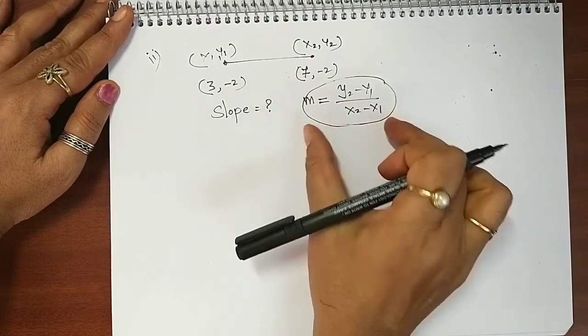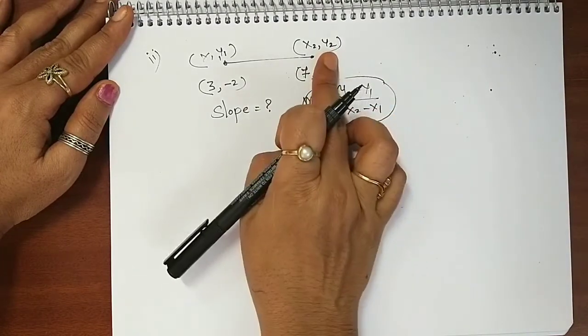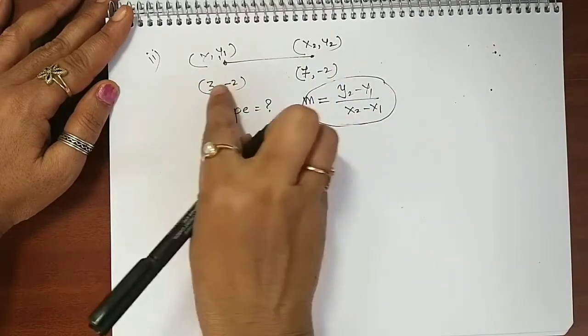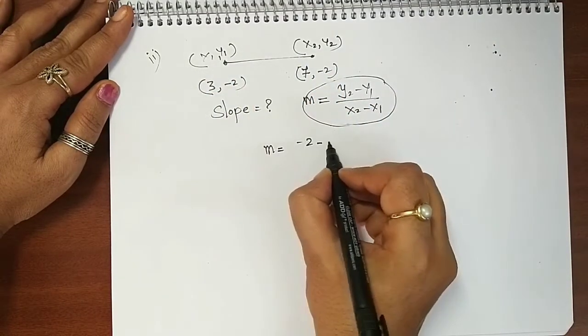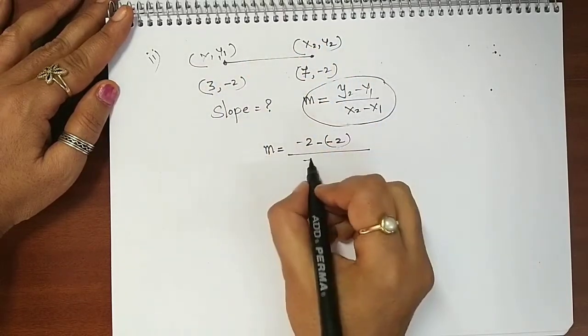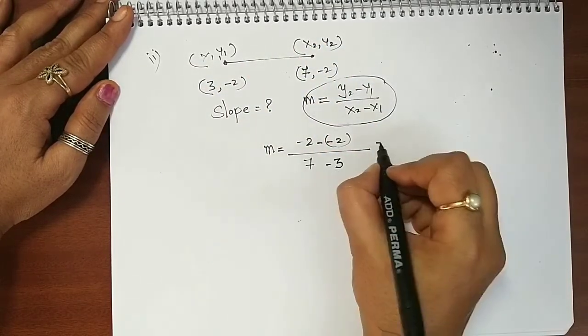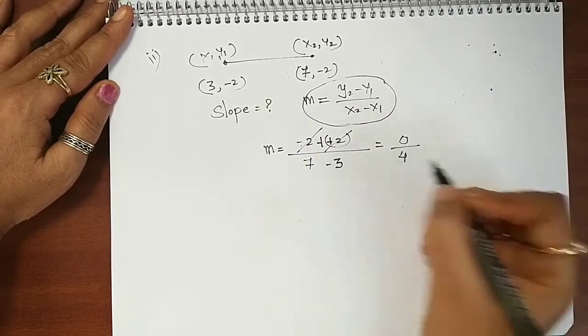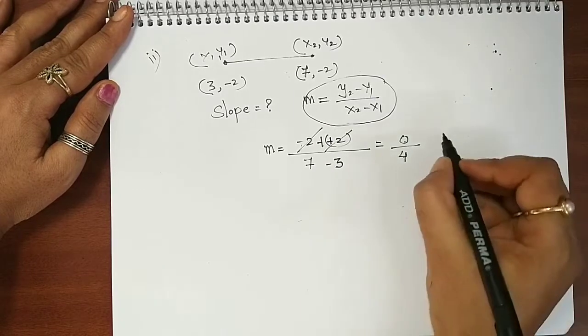So I have to just fit the values. My m will be y2 minus y1, minus 2 minus of minus 2, over x2 minus x1, 7 minus 3. This will become plus, and clearly the numerator is cancelling to 0, so 0 by 4. Anything 0 by something is 0 only.